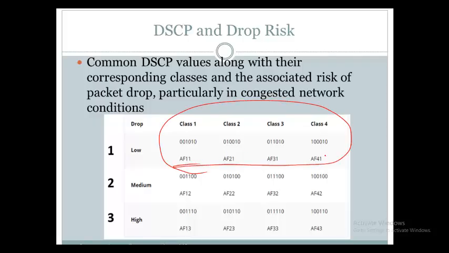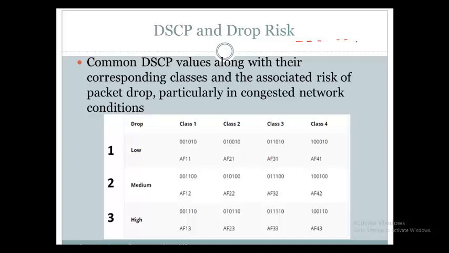Now, how do AF11, AF41 and all of these come about? As I told you, out of 6 bits, the first 3 bits, then the next 2 bits, and then the last bit. The last bit will always be 0, don't consider it. This is taken as 1, 2, 1, 2, 3, this type of separation, so that it can be compatible with IP precedence.